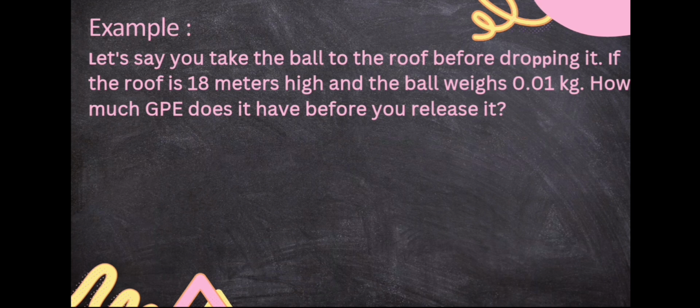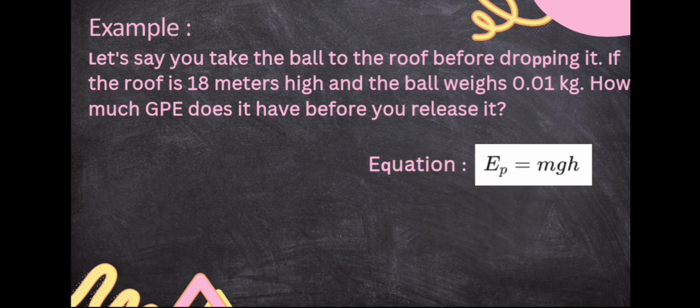For example, let's say you take a ball to the roof before dropping it. If the roof is 18 meters high and the ball weighs 0.01 kilograms, how much GPE does it have before you release it? Now let's solve it.